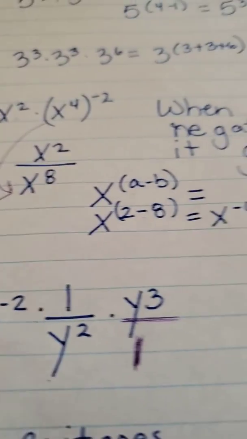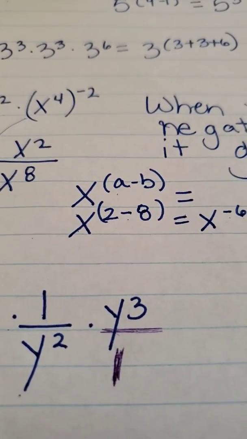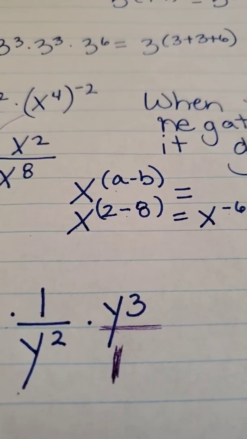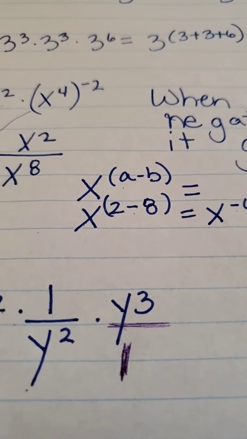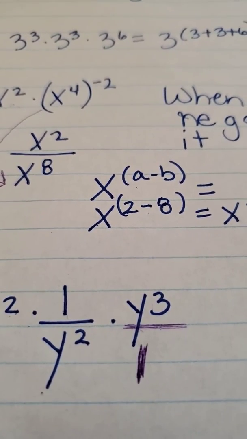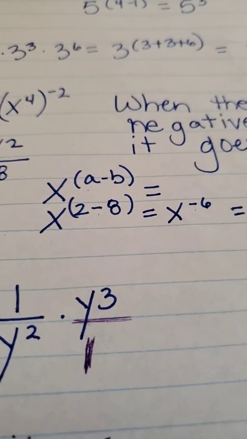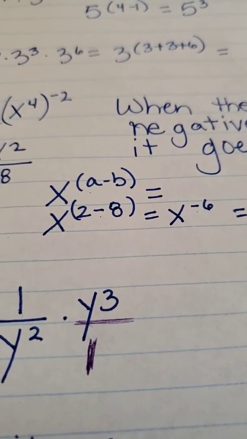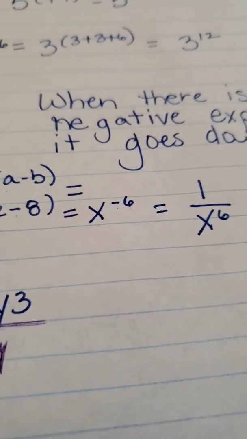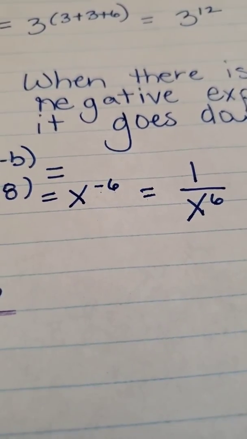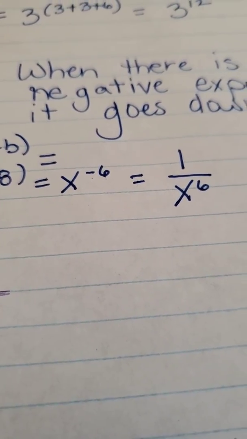And then we use the rule x^a over x^b, which is a minus b. So the top is a, the bottom is b. So it's 2 minus 8 equals x to the negative 6, which turns it into a fraction and has to go down. So there's quite a few steps.